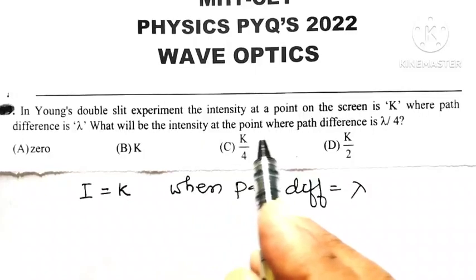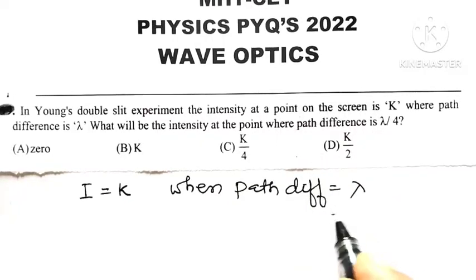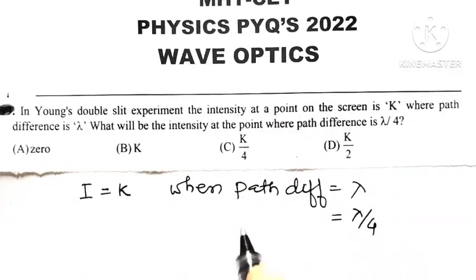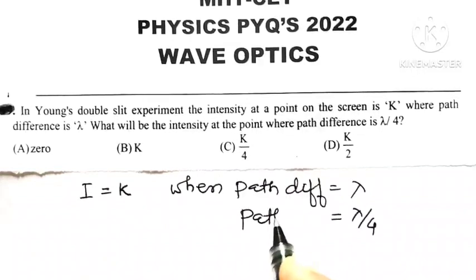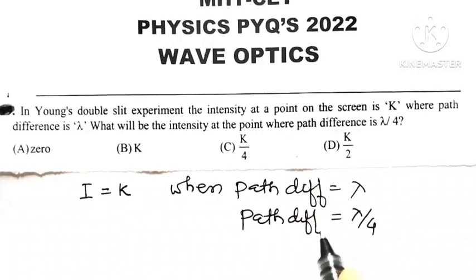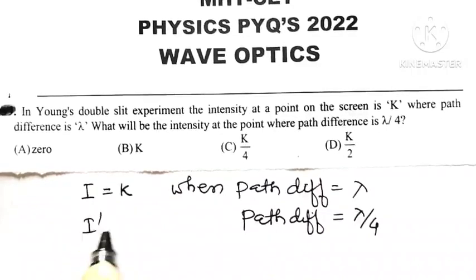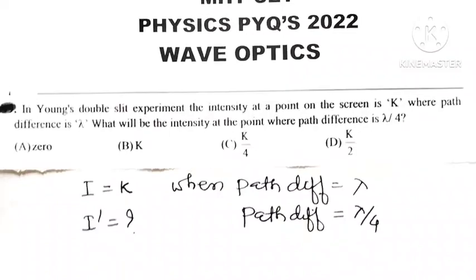What will be the intensity at a point where the path difference is lambda by 4? Say that intensity is I dash; we have to find I dash when the path difference is lambda by 4.